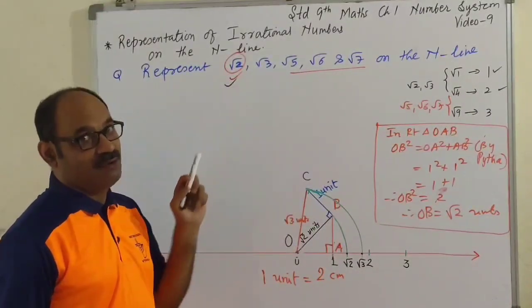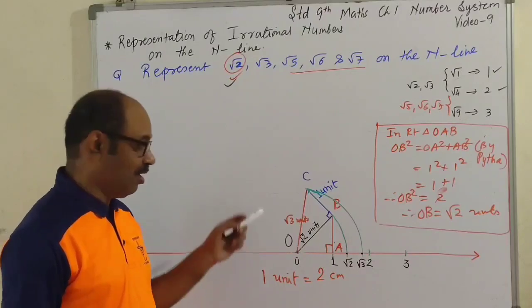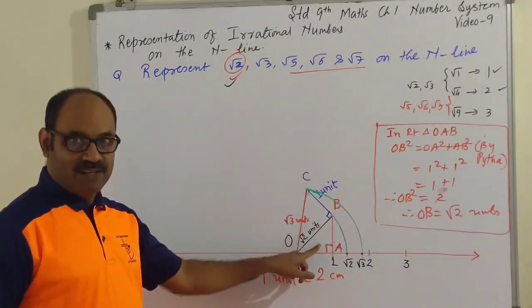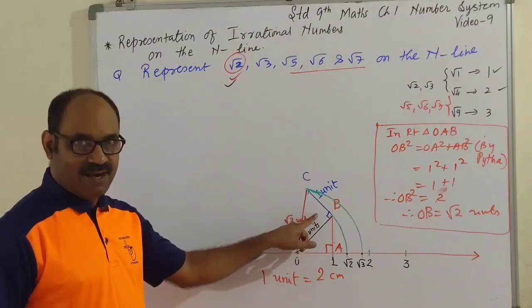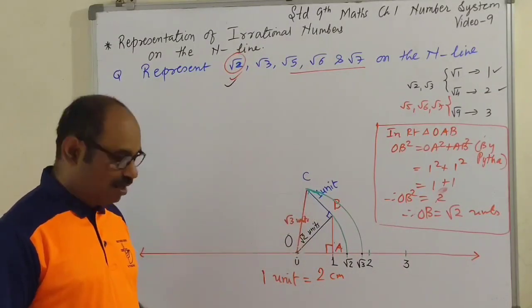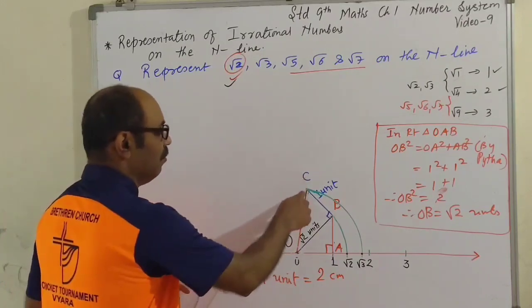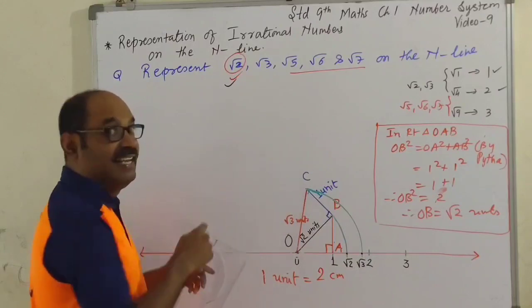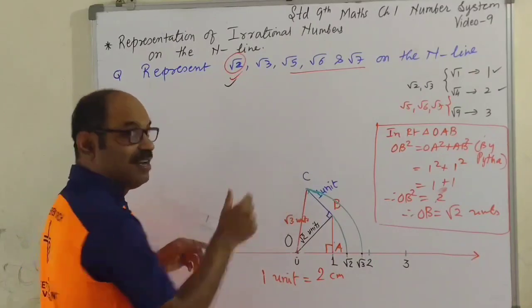√3 और √5 के बीच √4 होता है, तो वो तो करना ही पड़ेगा. Alright? So you constructed first right triangle, you constructed second right triangle. Now you will have to construct the third right triangle. For that, base you take OC and perpendicular line segment CD, alright, of length 1 unit.